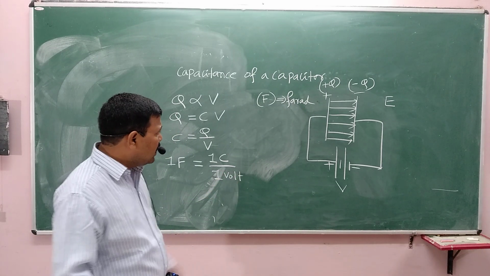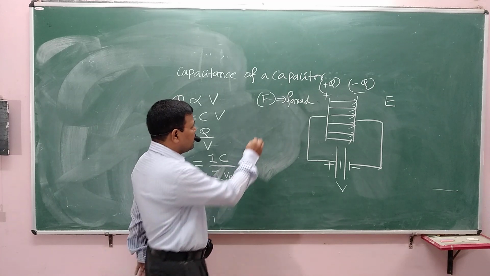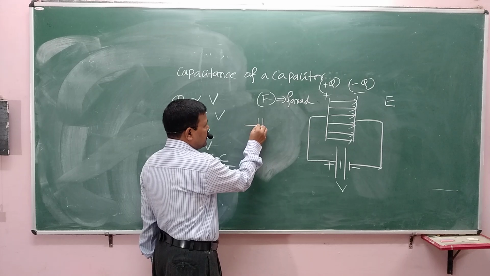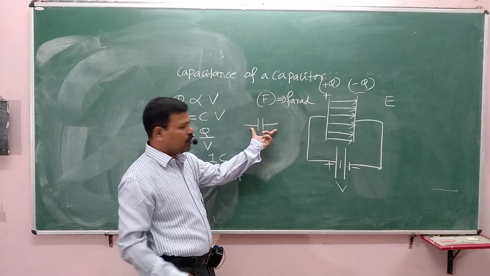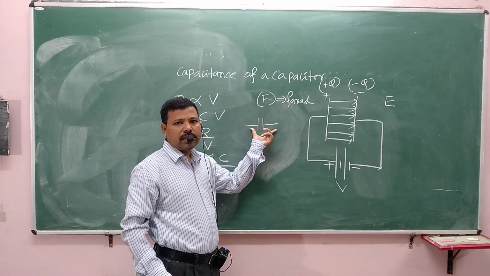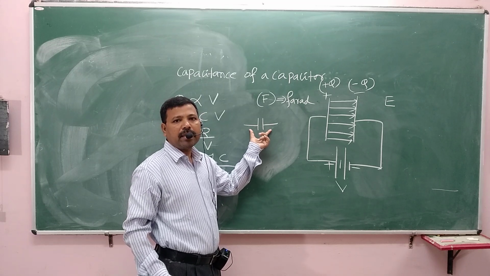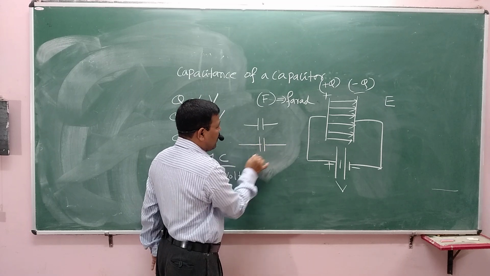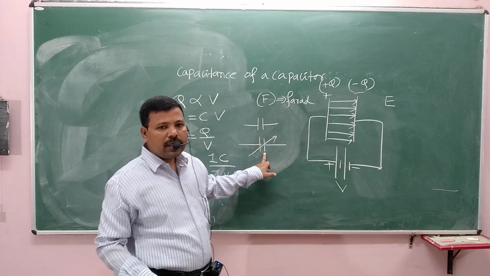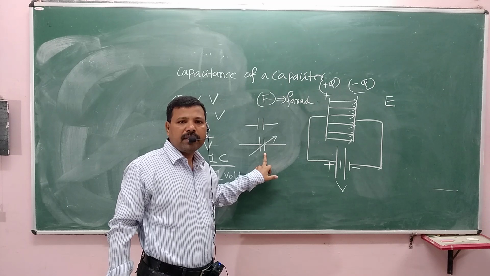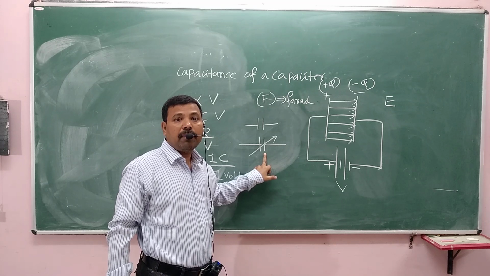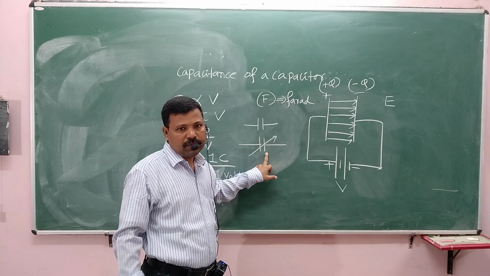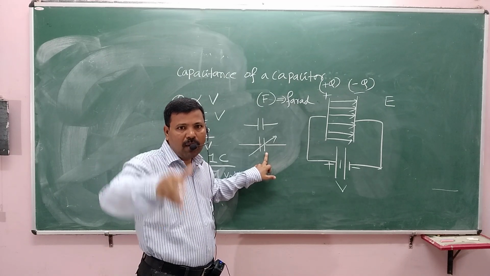How do we write the symbol of a capacitor? Two parallel plates connected to two wires. This is the symbol of a capacitor. This is also the symbol of a capacitor, but it is a variable capacitor whose value keeps on changing as we rotate the knob.